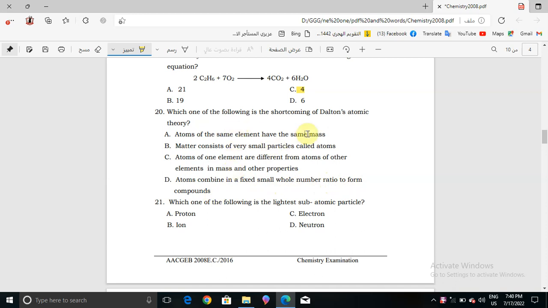The shortcoming of Dalton's atomic theory will be atoms of one element are different from atoms of other elements in mass and other properties.